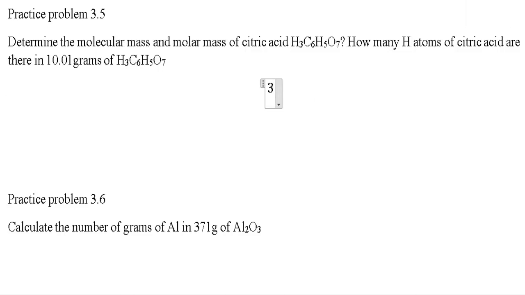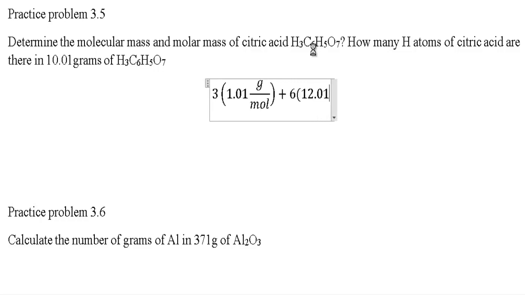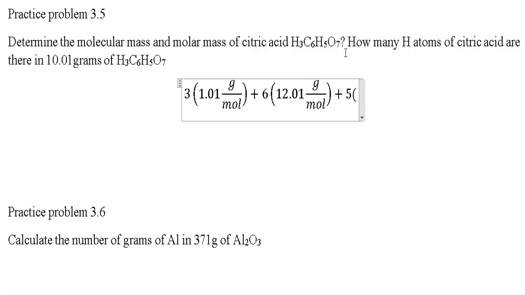So H is about 1, so let's do 1.01 grams per mole. 6 carbons, that's about 12.01 grams per mole each. 5 hydrogens, well, I could have added 5 plus 3 and multiplied it by 8, but that's okay. 5 hydrogens. The total, we have 8 hydrogens.